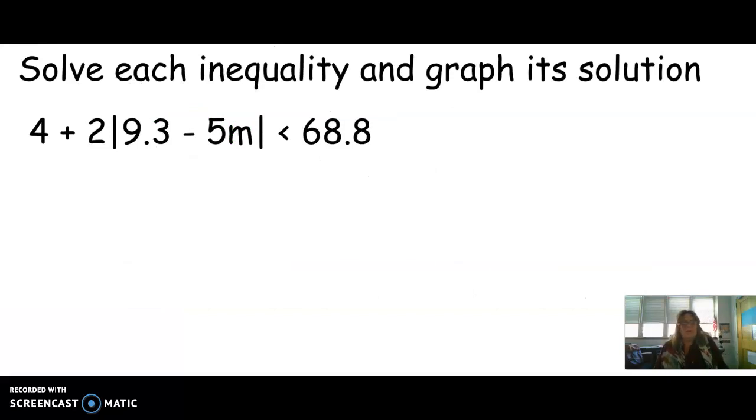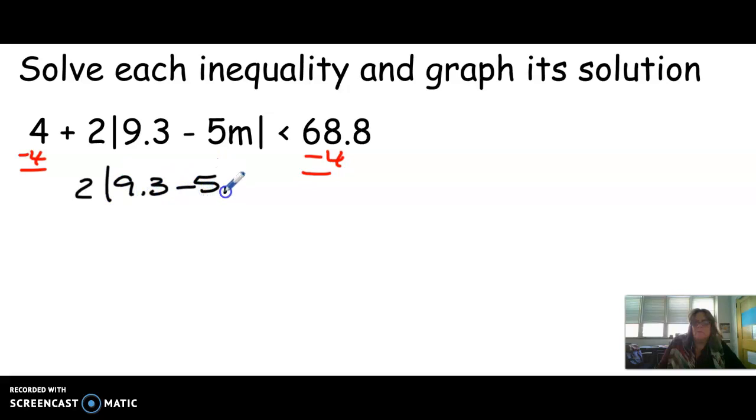For this one, let's see if we can't solve these by doing a little math with some decimal numbers, okay? So I've got 68.8, and I'm going to subtract 4 from both sides. That's going to give me 64.8.